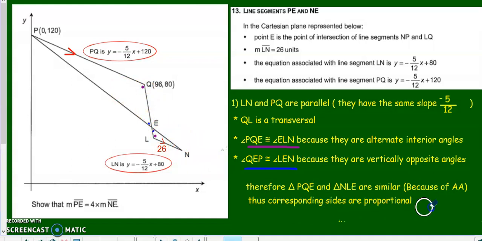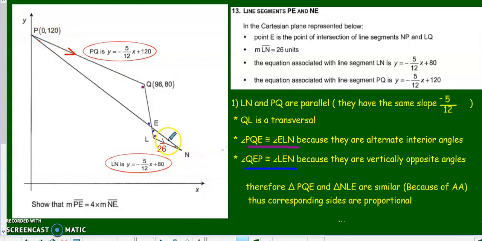Okay? So if they're similar, it means corresponding sides are proportional. So 26 here is given. This side corresponds to PQ. So I go from this angle here, let's give it another color. Let's call that the red angle. So this one here and this one here.